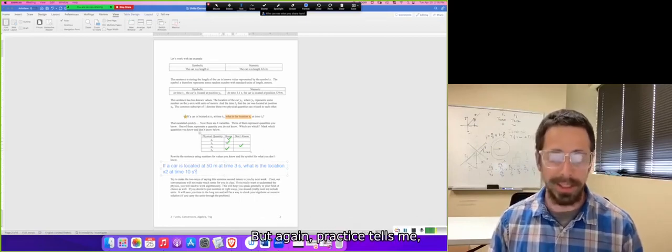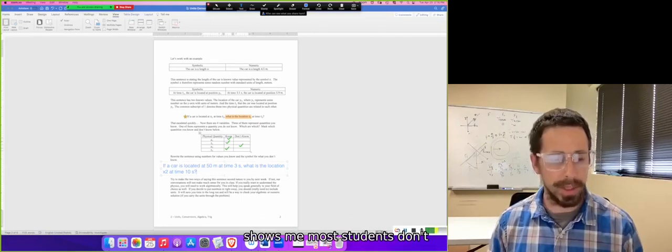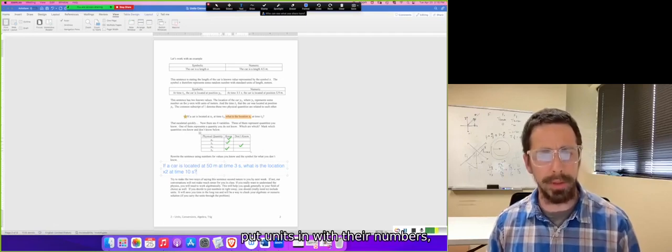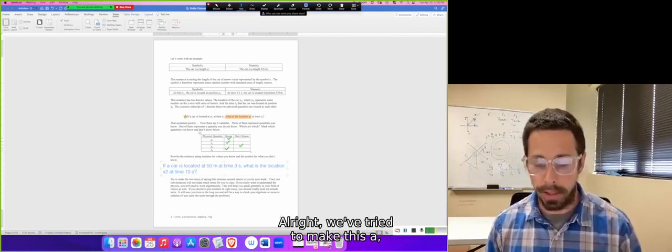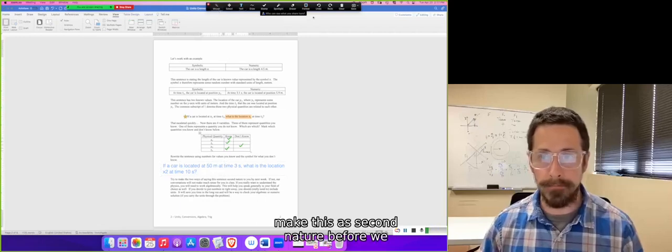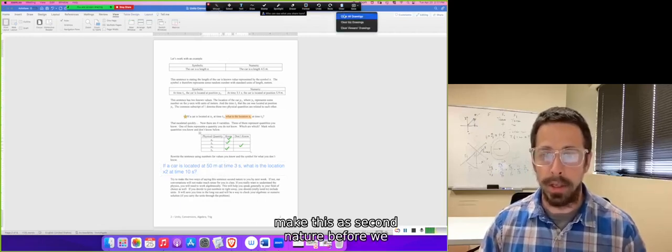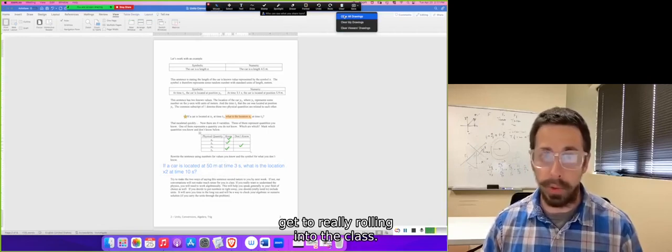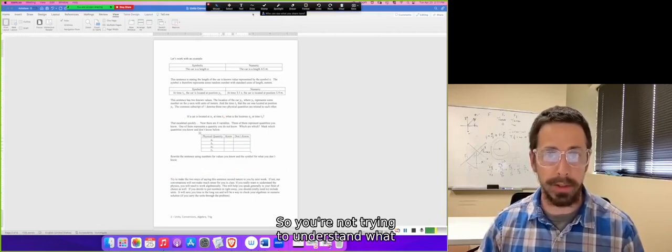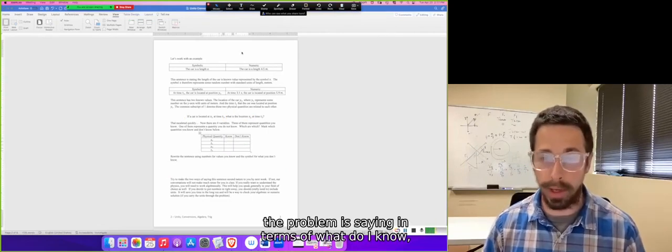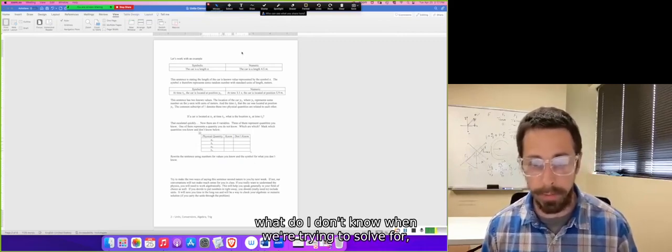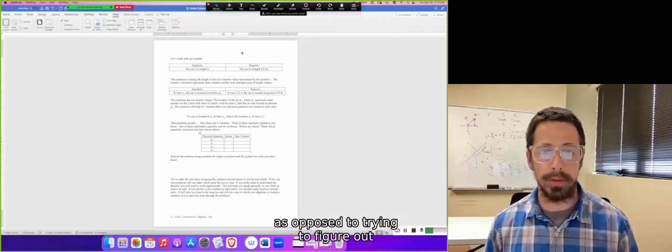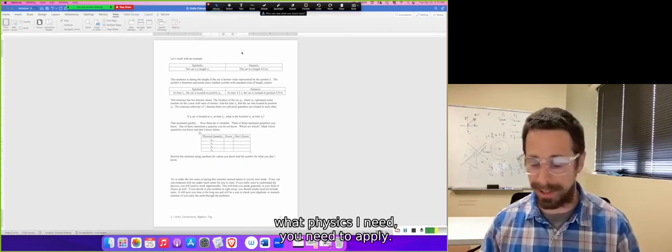But again, practice shows me most students don't put units in with their numbers, though that is a good practice to do, right? But try to make this second nature before we get to really rolling into the class, so you're not trying to understand what the problem is saying, in terms of what do I know, what don't I know, what am I trying to solve for, as opposed to trying to figure out what physics you need to apply.